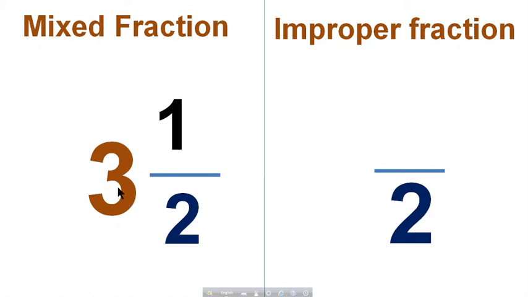We will multiply this integer and the denominator. If we multiply, we get 6, and then we will add 1 to the result of the multiplication, that means 6 plus 1, it will be 7. So we have got the improper fraction 7 by 2.